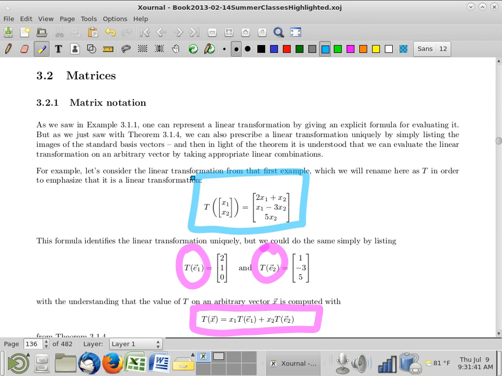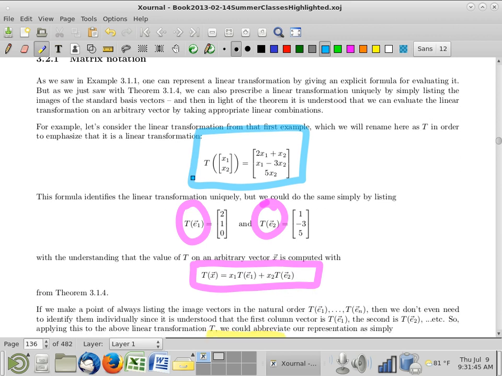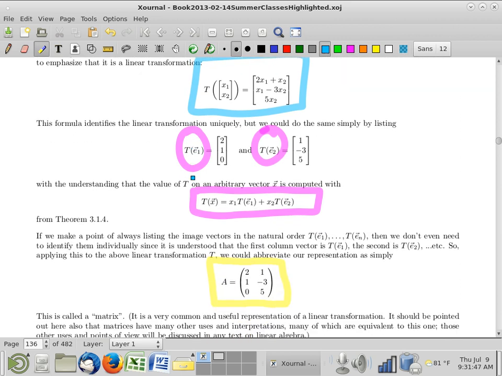Just knowing those standard basis vectors and that it is linear. So specifically, you just need to know what these images are. If I tell you what the images of those standard basis vectors are, then that tells you the entire linear transformation.